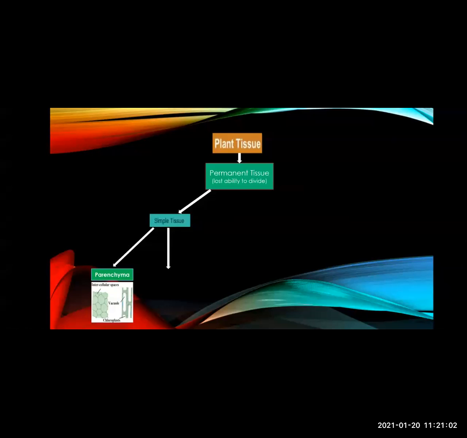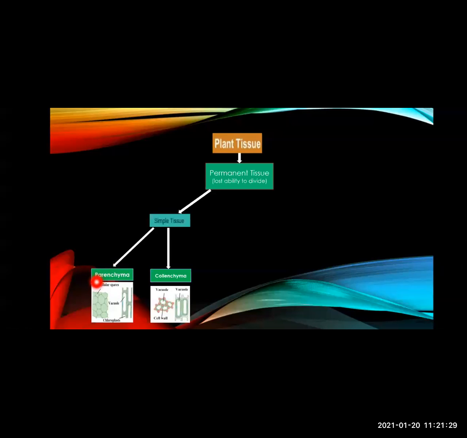Now, the second simple tissue that we have studied today is collenchyma. Now, what is collenchyma? These are also called living cells, but they have a slightly thickened cell wall as compared to the parenchyma. See the cell wall.